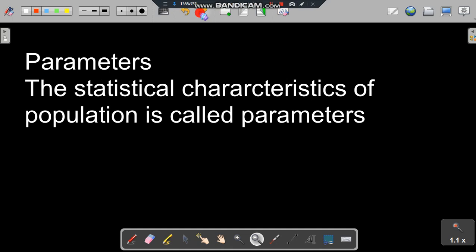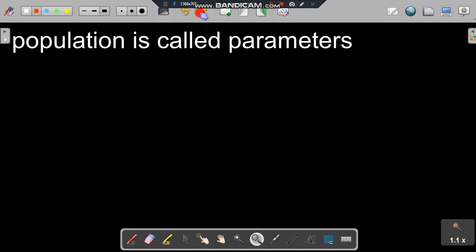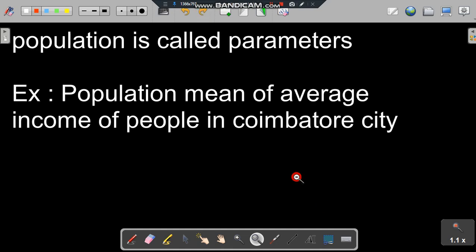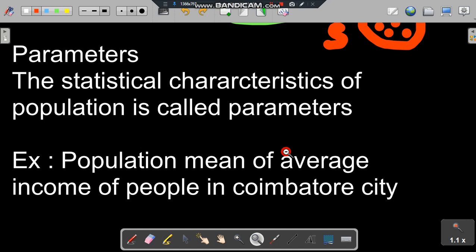Now I can give you an example for this. Take for example the population mean of average income of people in Coimbatore City. What is the meaning of this?